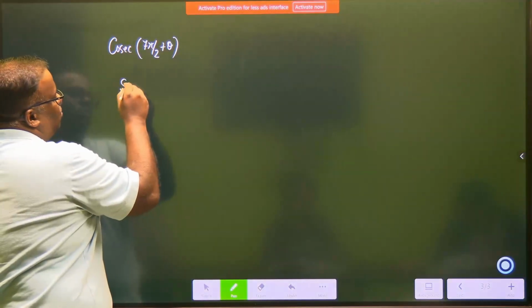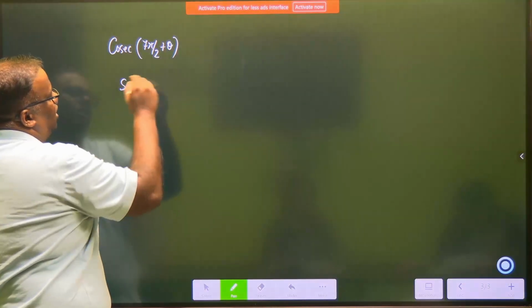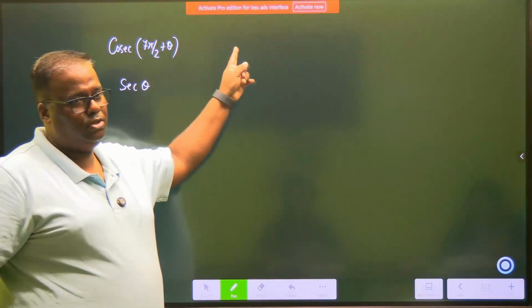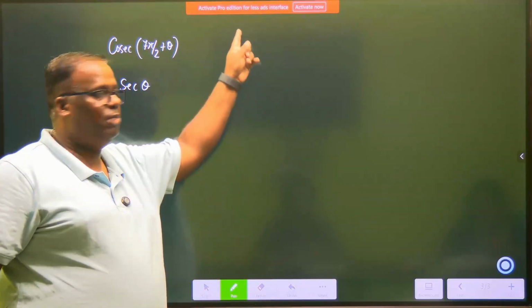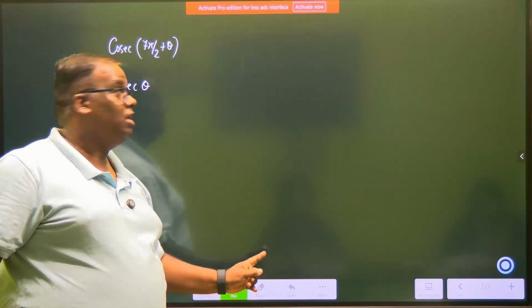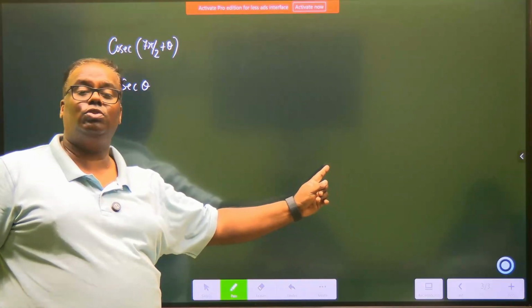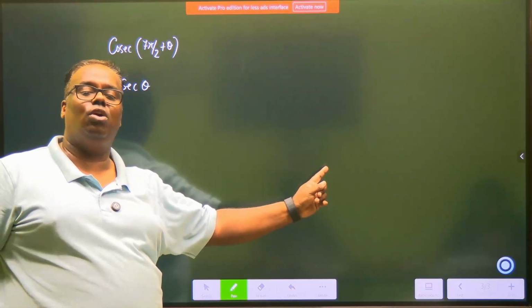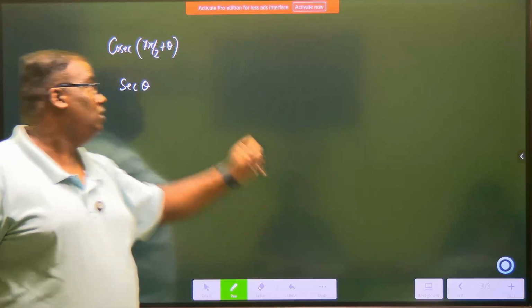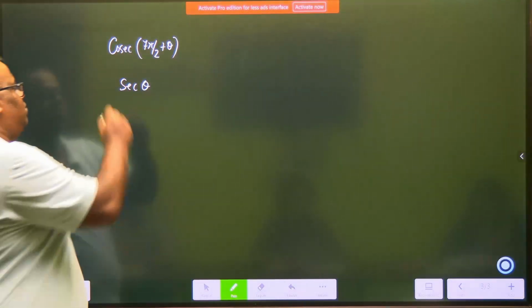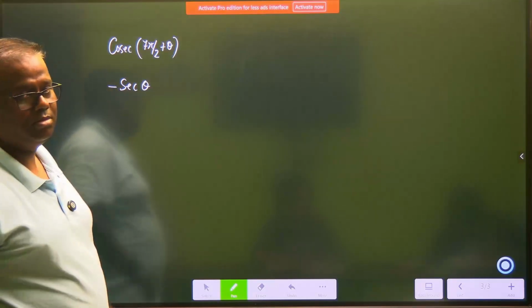Cosec will change to sec and theta. Now look at 7 pi by 2. Pi by 2, 3 pi by 2, 5 pi by 2, 7 pi by 2. 7 pi by 2 plus theta. Fourth quadrant. Fourth quadrant means only cos can be positive. Your parent function was cosec. You don't have the authority to be positive. Minus sec theta.